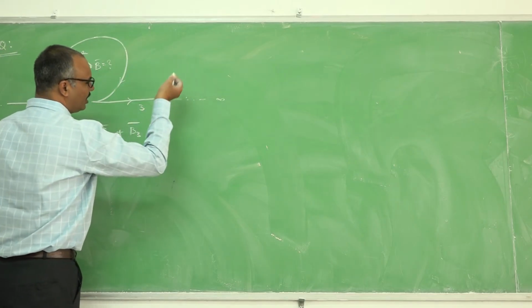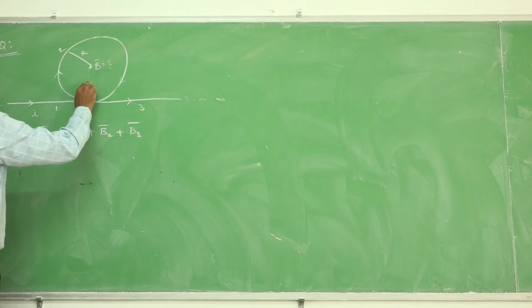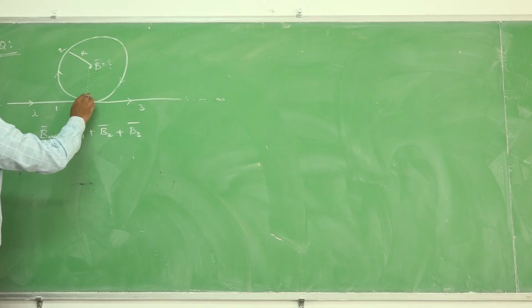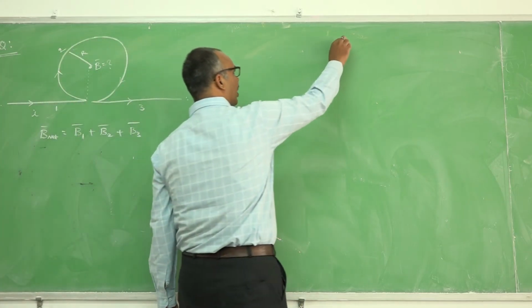They did not provide the length. So this point is exactly opposite to the edge of this wire. You can consider this case as a semi-infinite wire. In case of a semi-infinite wire, what is the magnetic field? Earlier we discussed. This is a wire.